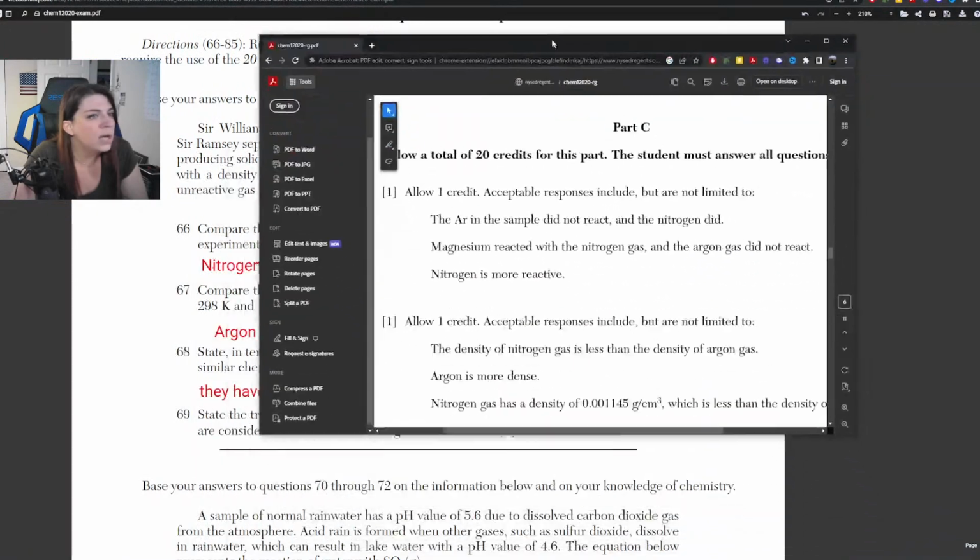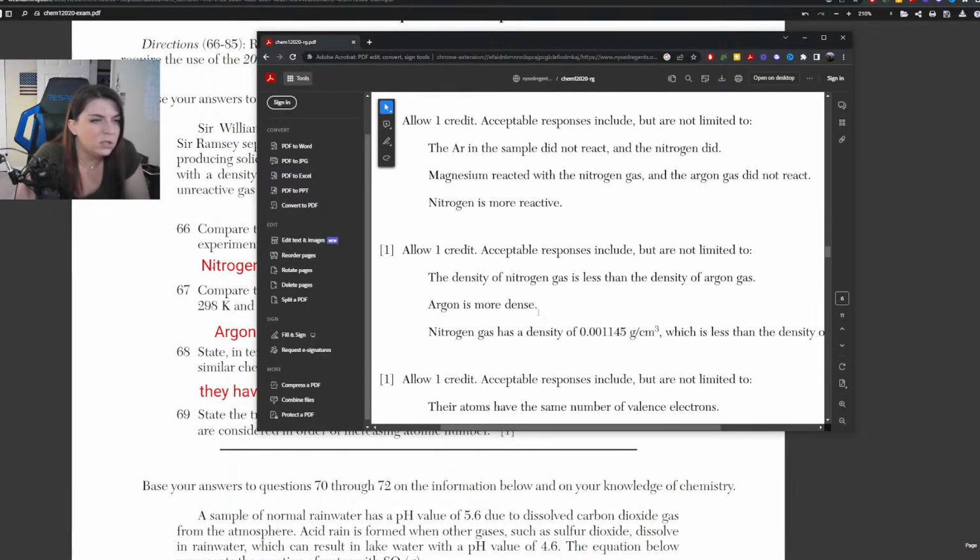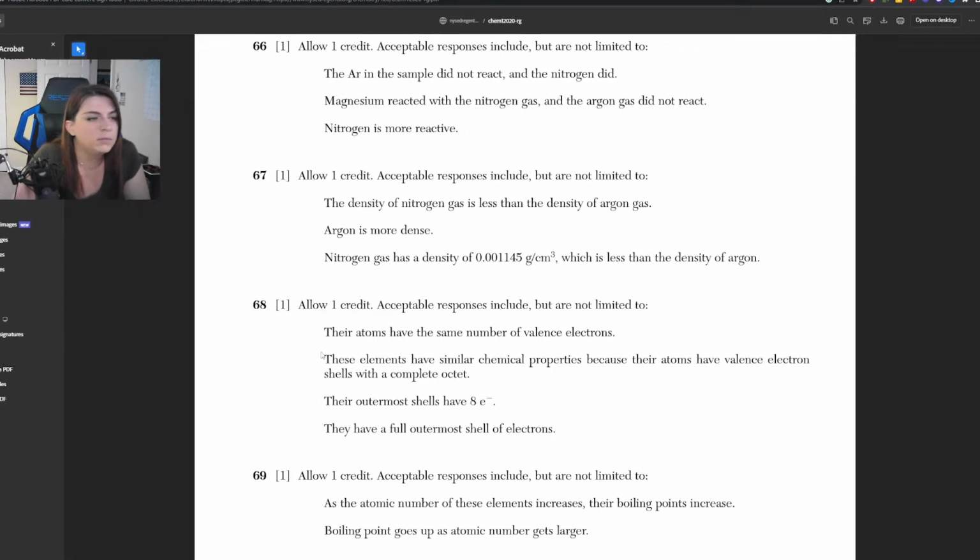So I would not get cute with it, and I don't mean that to be mean. Outermost shells is synonymous with valence electrons. This one says valence electrons with a complete octet. There's nothing here that does not say valence electron, but says octet. So I would just be super careful with that in particular.